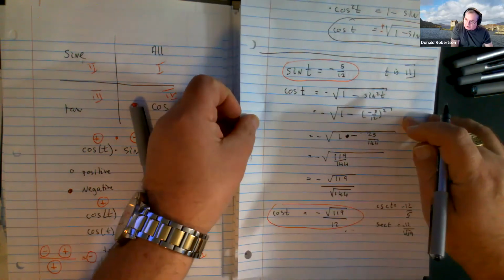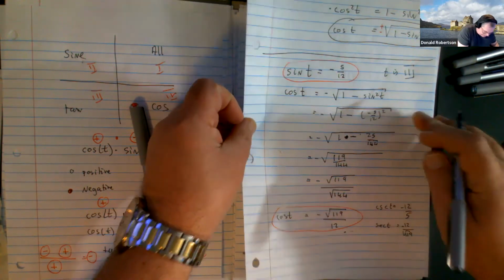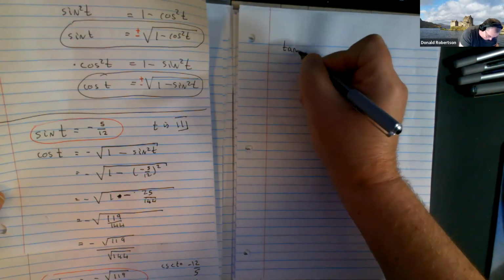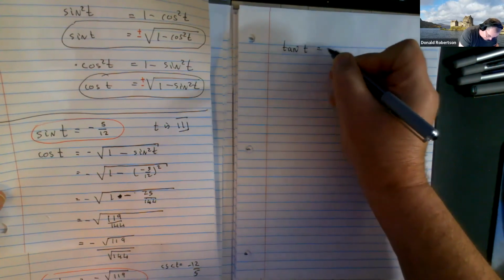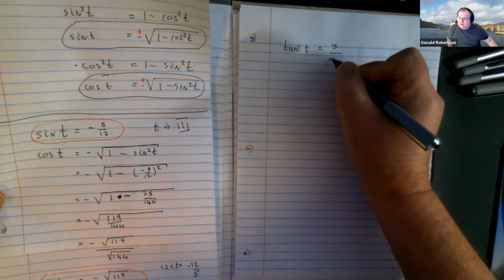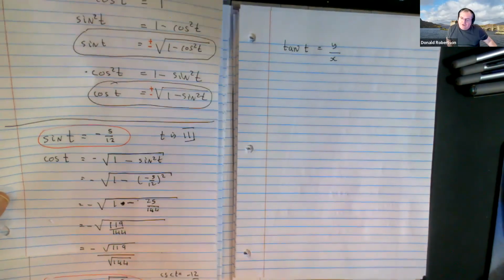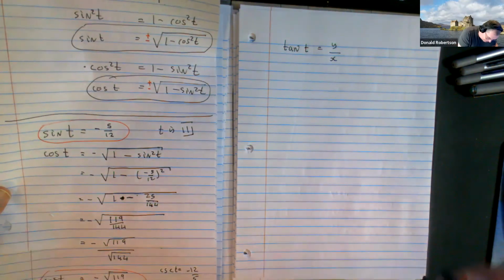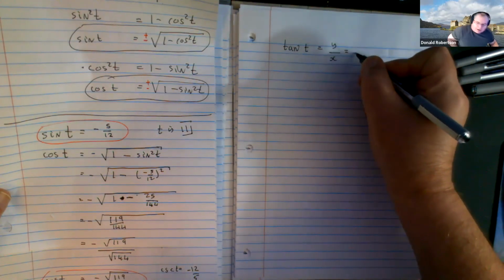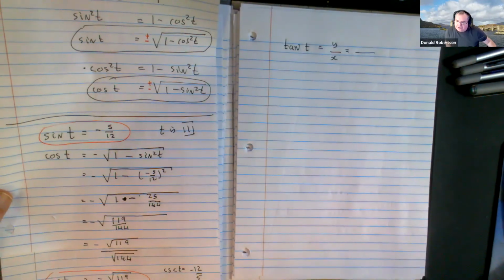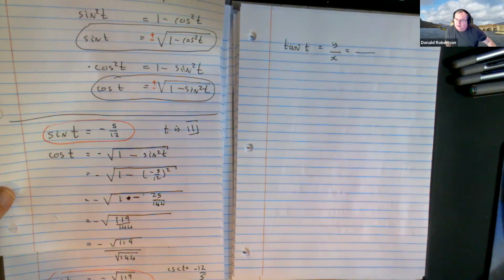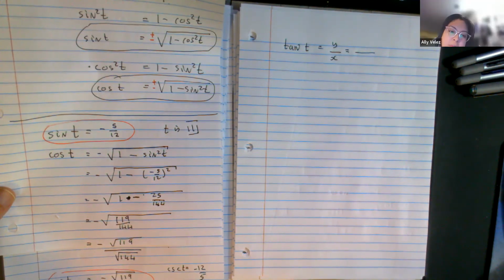Agreed? 2 to go. Now, if you want to find the tangent of an angle, isn't it y over x? Remember that guy? And if you tell me the coordinates, that's easy. But I can adapt this formula. What's the y coordinate? The sine of t or the cosine of t? The sine.